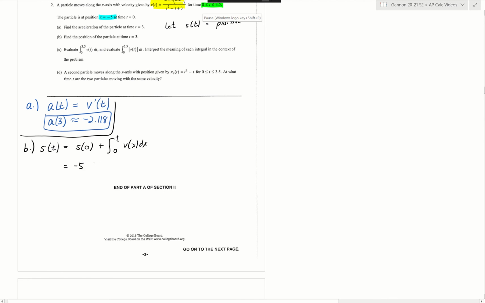So it's -5 plus, and since we're looking for the position when time is 3, we integrate from 0 to 3 of v of t dt. It would probably have been smarter to call this x and just leave this v of t dt.